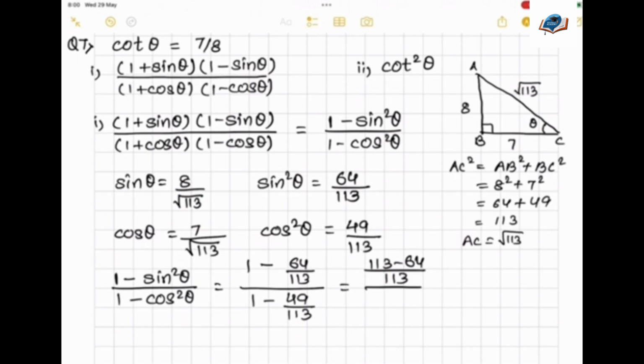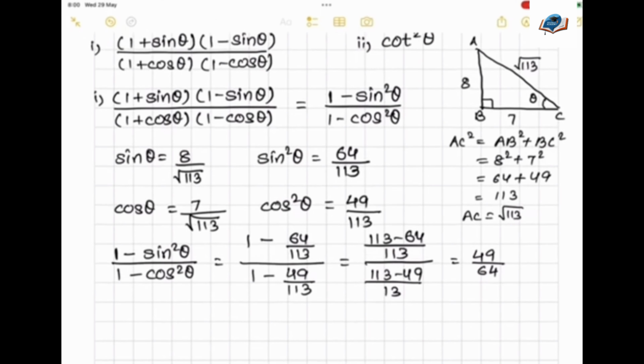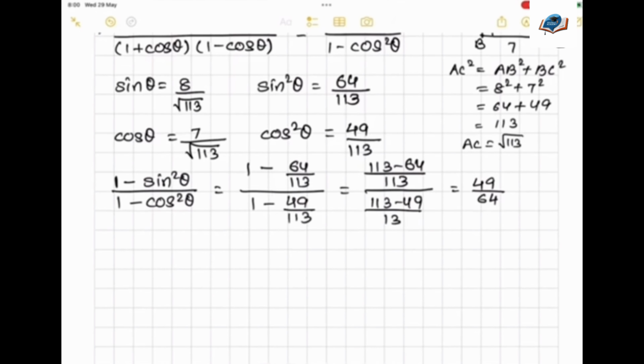Now doing the LCM in numerator and denominator, 113 minus 64 upon 113 whole upon 113 minus 49 upon 113. The denominators get cancelled, so I get 49 upon 64.